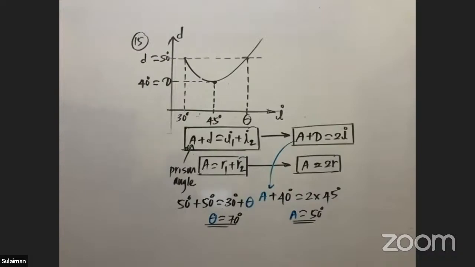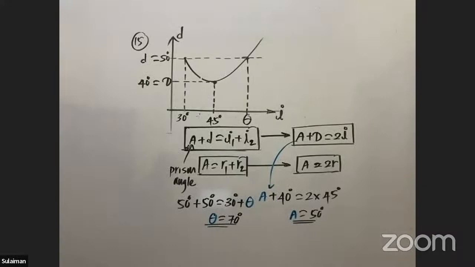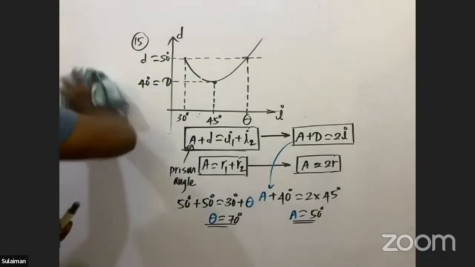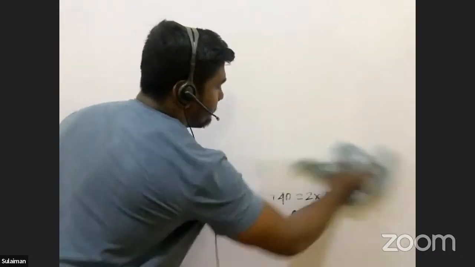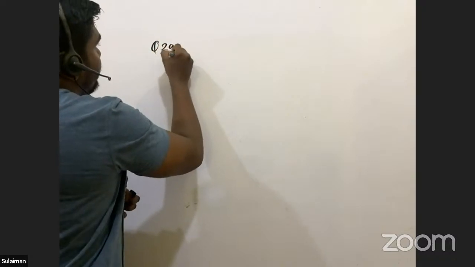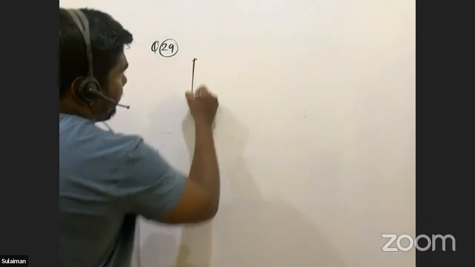Right. Okay. Now, quickly discuss question number 29. The figure shows the velocity-time graph of an object. The displacement-time graph of the object is best represented by which option? Now, look at it. Your velocity-time graph is something like this, your VT graph. They have given the VT graph like this.